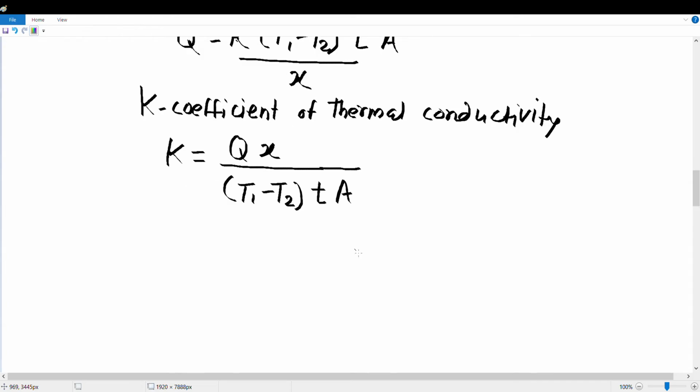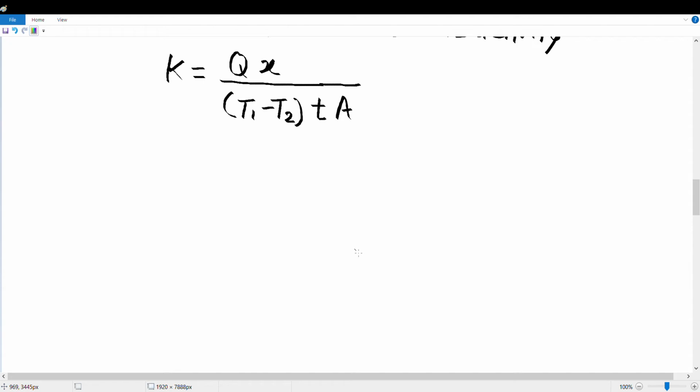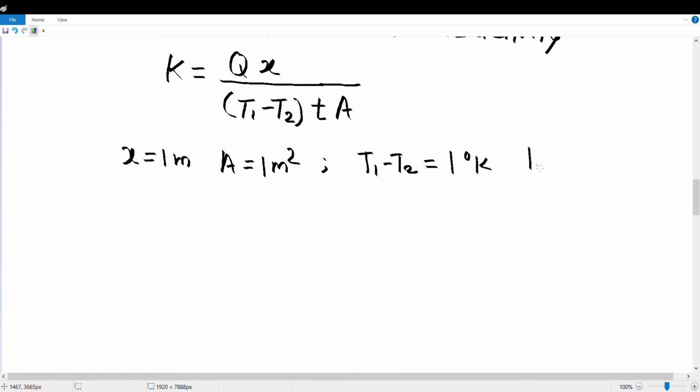Now let us consider that all the faces of that cube are of 1 meter. Then naturally the area of cross section of each face is 1 meter square. Again let us consider that the temperature difference between two faces is 1 degree Celsius or 1 degree Kelvin, and the last thing, the time duration T is equal to 1 second.